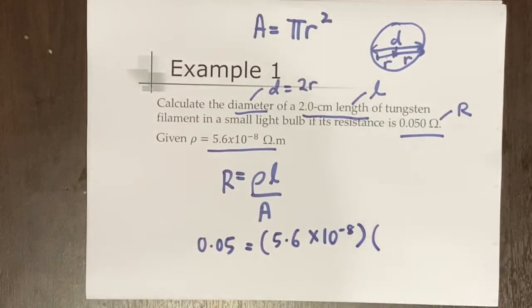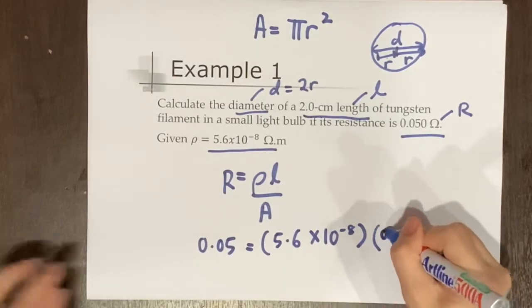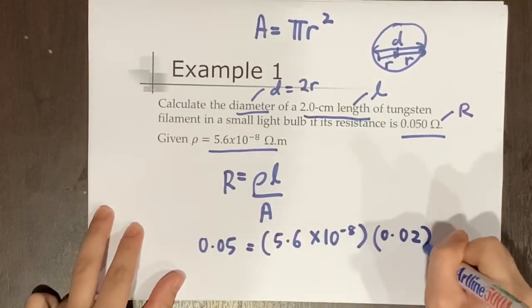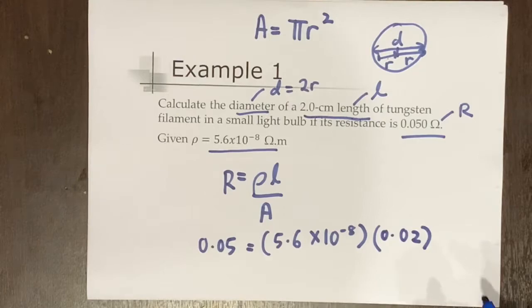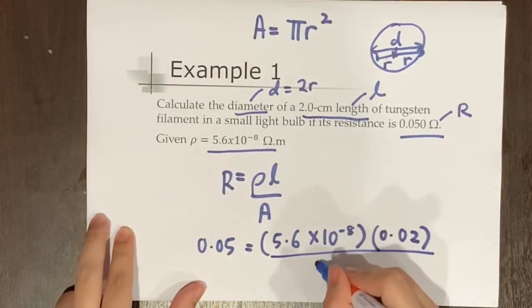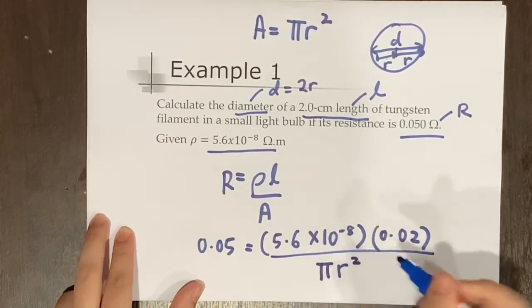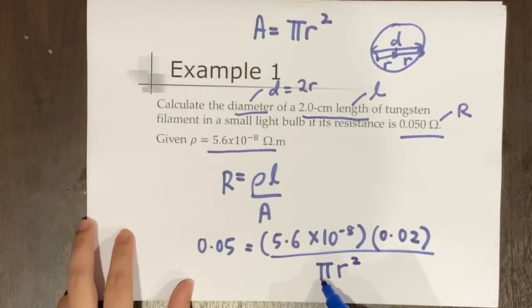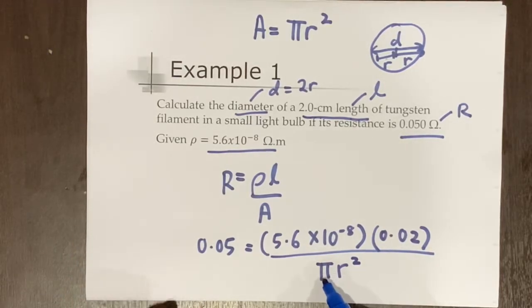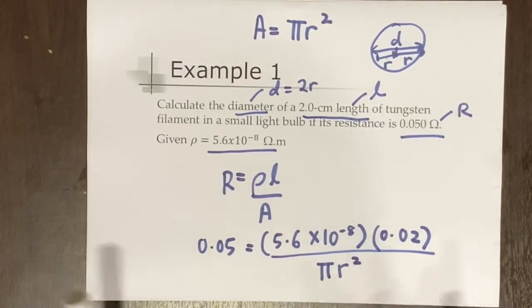Length you have to convert into meter: 2 divided by 100, 0.02, over pi r squared. For pi, you just press pi in the calculator, or you can use 22 over 7 or 3.142. So you find r is equal to how much?